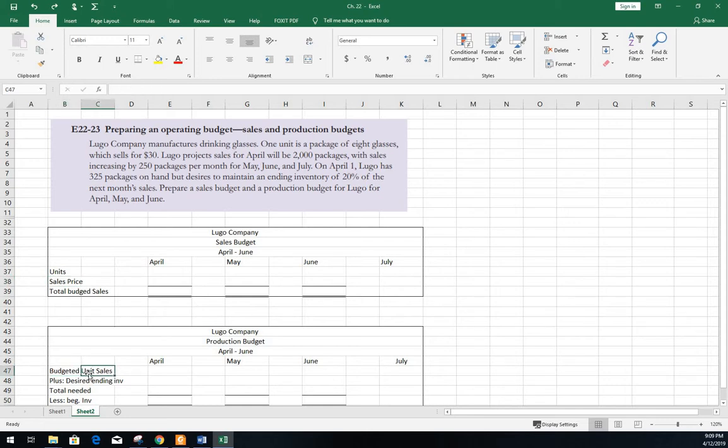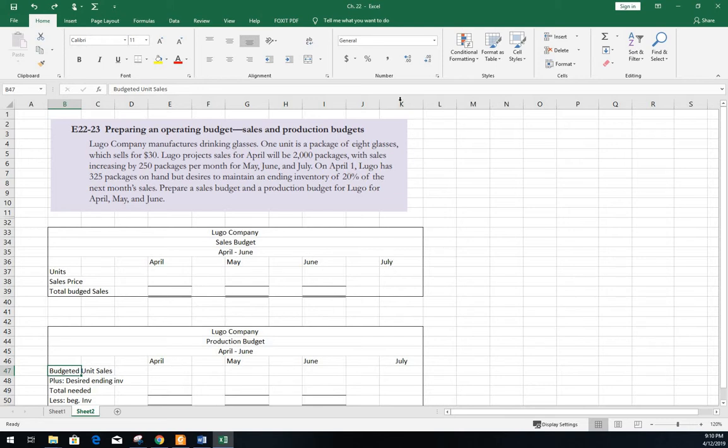Right here, units. So don't get confused and take the sales price and drag it down and start doing your production budget based on the price. It's only a production budget. We produce units. We don't produce money, unfortunately. So use units for your production budget.